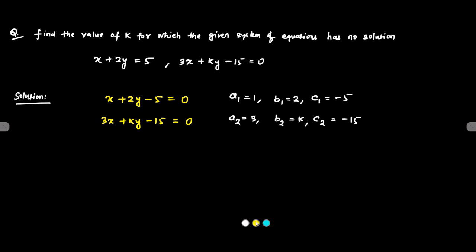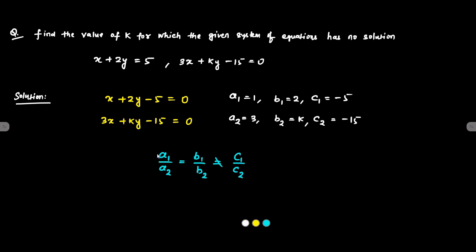Now before we proceed, first we should write the condition. What is the condition for the existence of no solution for a pair of linear equations in two variables? It is a1/a2 = b1/b2 ≠ c1/c2.